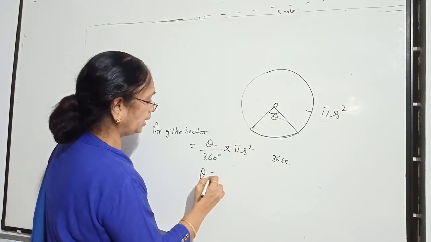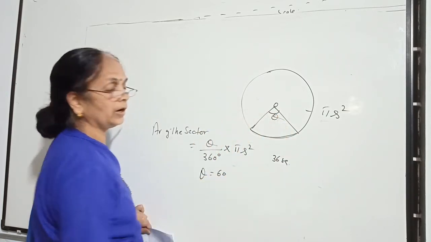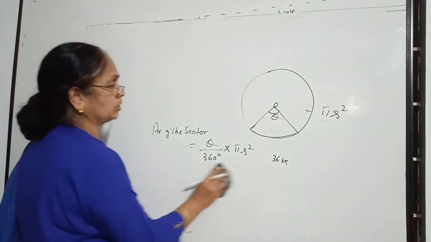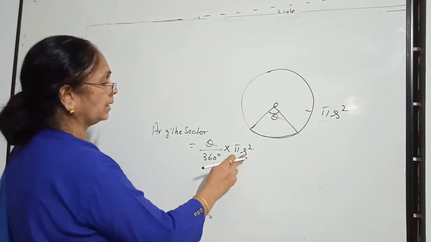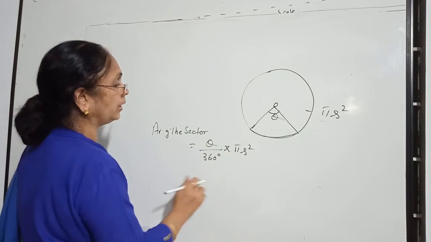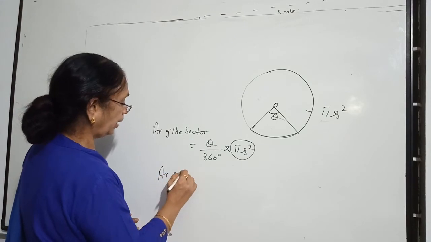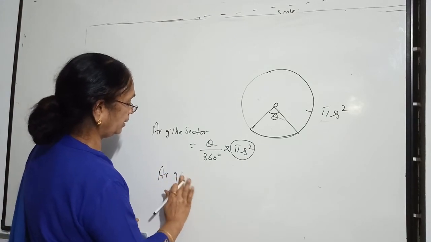So suppose theta is given as 60, find the area of the circle. They give the value of r also. This r value will be given, theta will be given, you have to apply the value. Suppose they give the area, take the area.